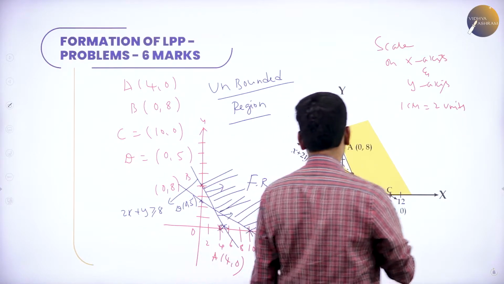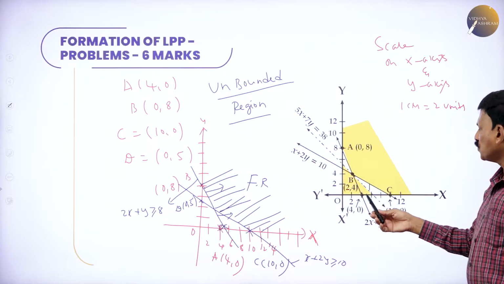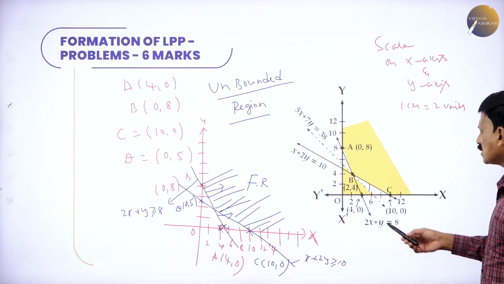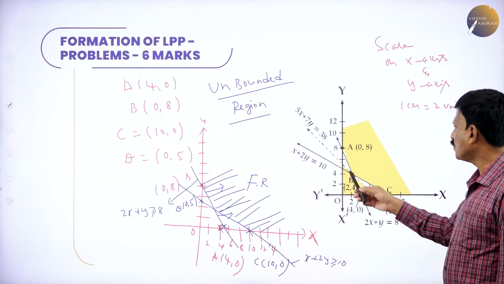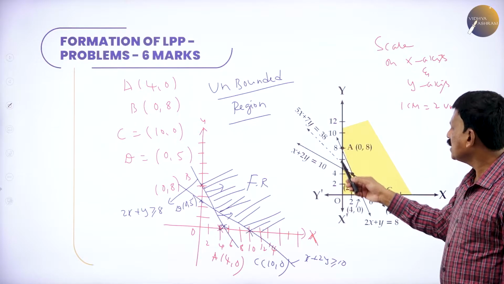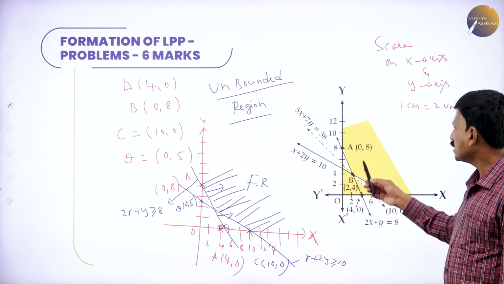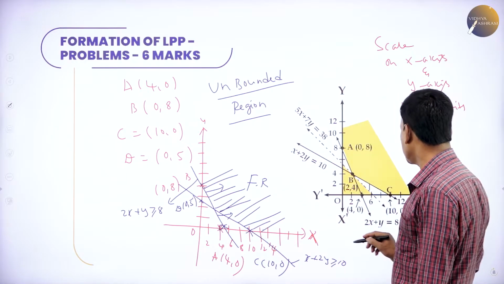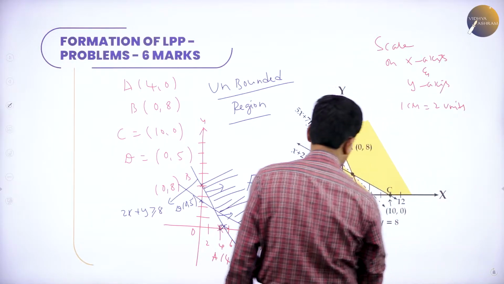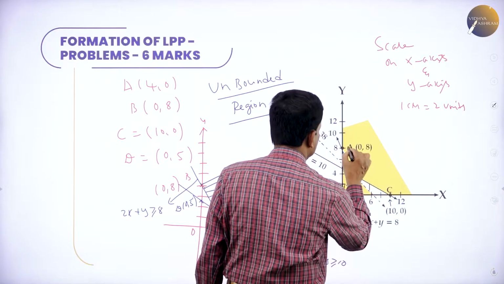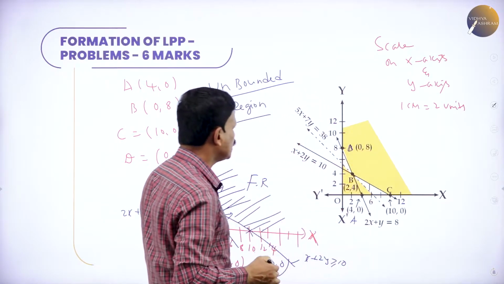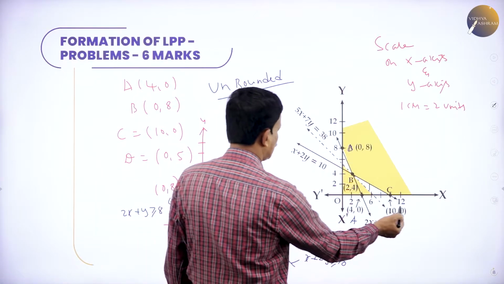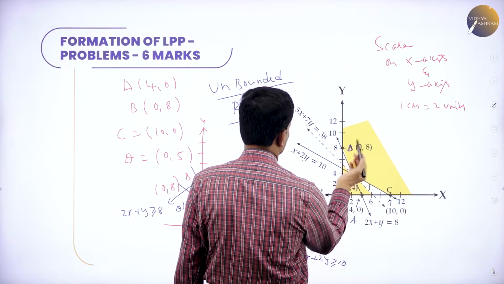So see here, this is 2, 4, 6, 8, 10, 12, and 2, 4, 6 on the y-axis. Now for A 4, 0 and for B, this is B. B is equal to 0, 8. And for the second line C and D, we have 10, 0 and 0, 5.